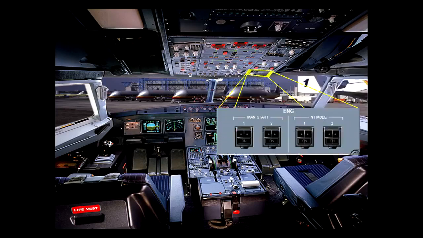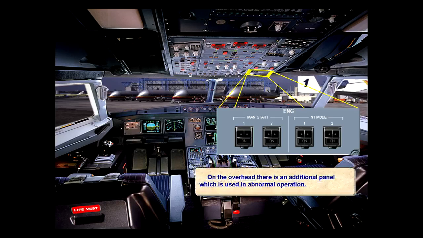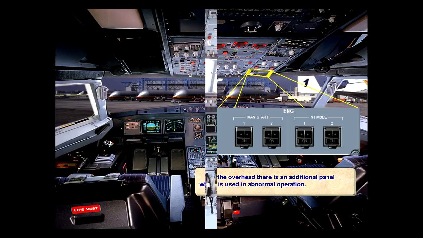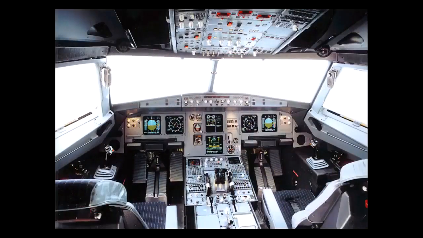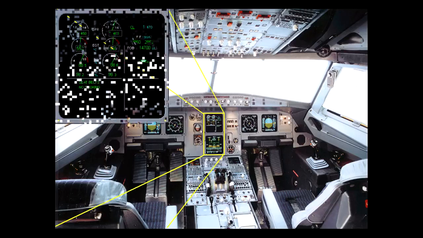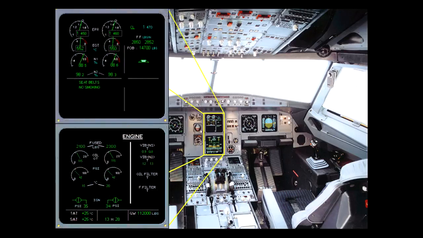On the overhead, there is an additional panel, which is used in abnormal operation. Engine indications are shown on the engine warning display and on the engine system display page.